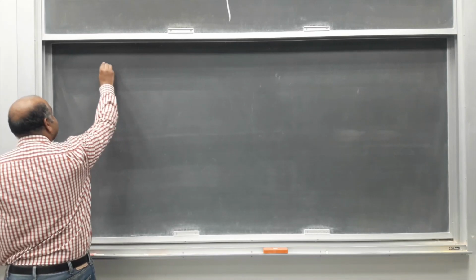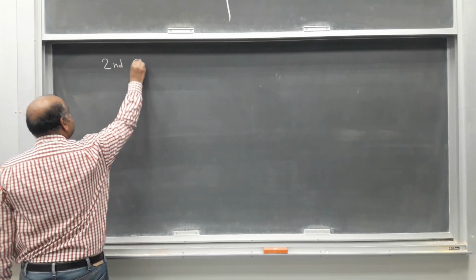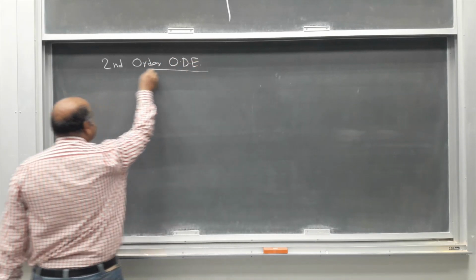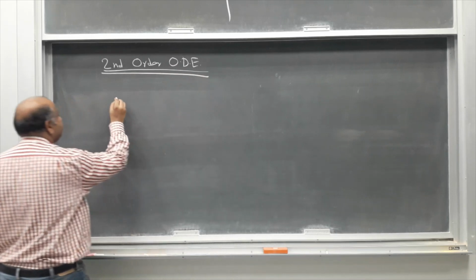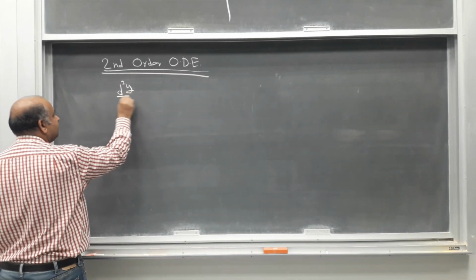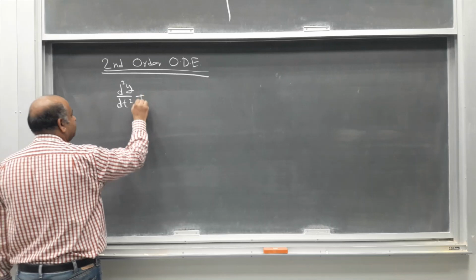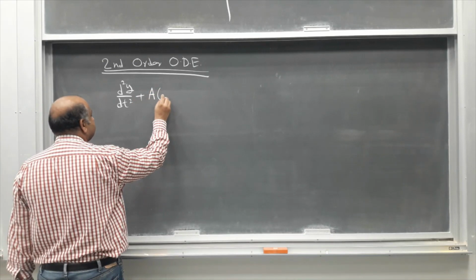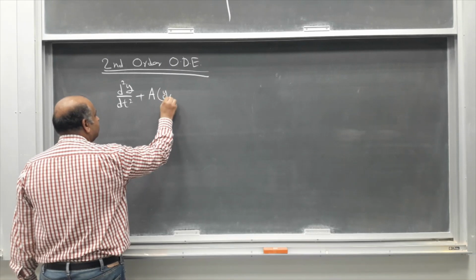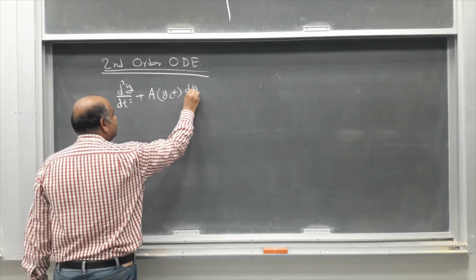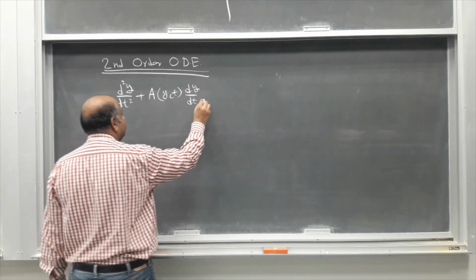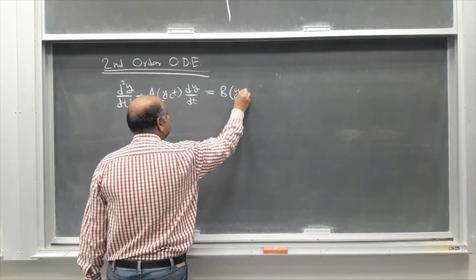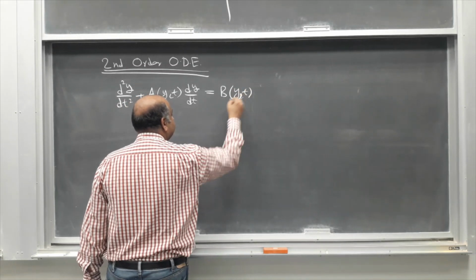So as an example, let me start with a second order differential equation. Suppose I have this equation to solve. There is some coefficient, let's say, of y and t, and then dy by dt, and this is equal to some function of y and t.